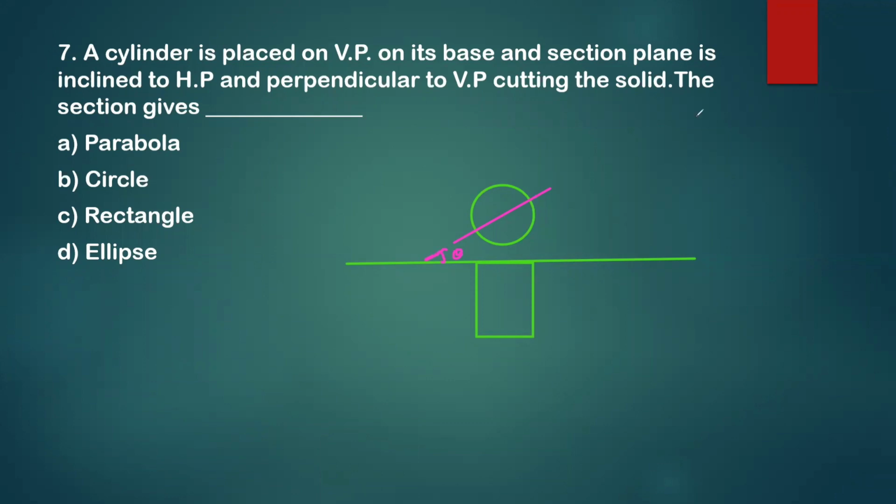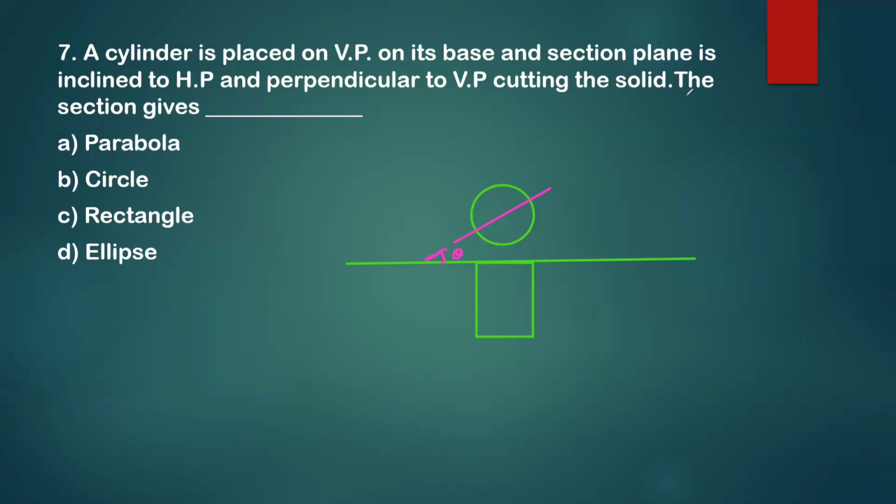Then the question: this section gives dash dash. In this case, the section plane is inclined with the HP and perpendicular to the VP. In this way we are going to cut it.